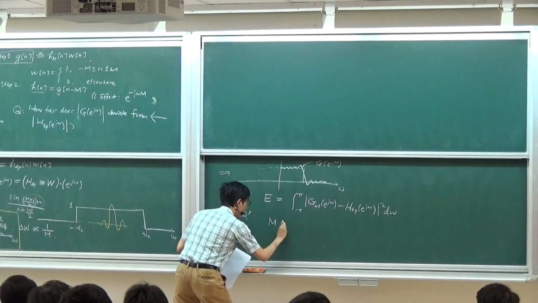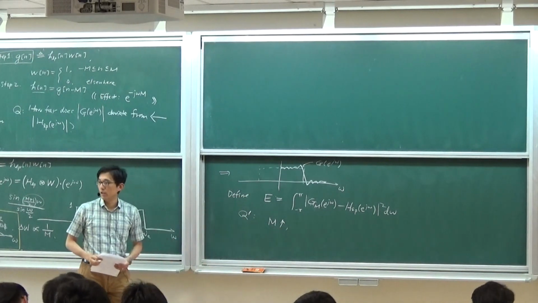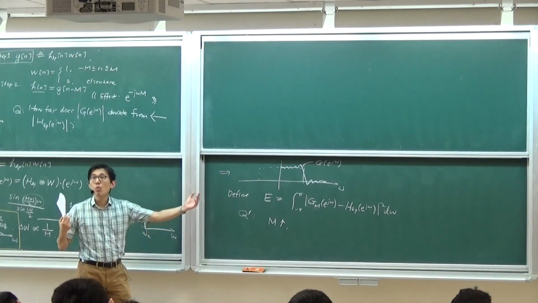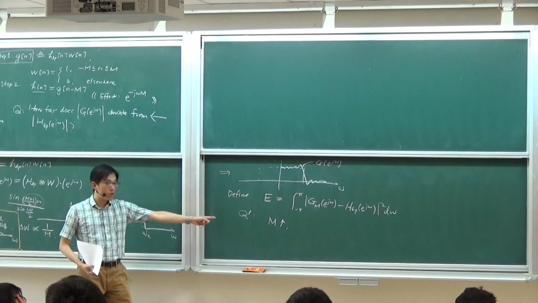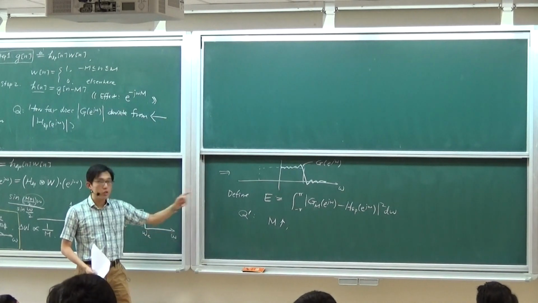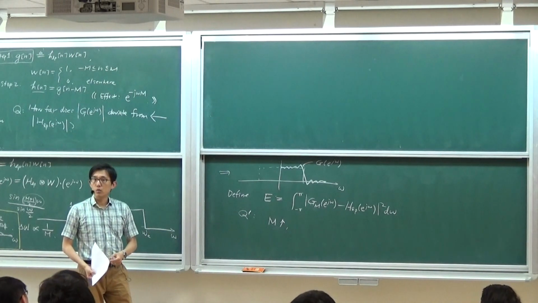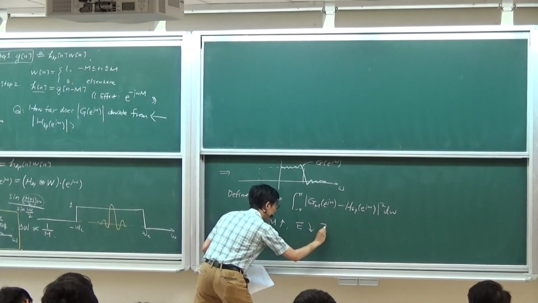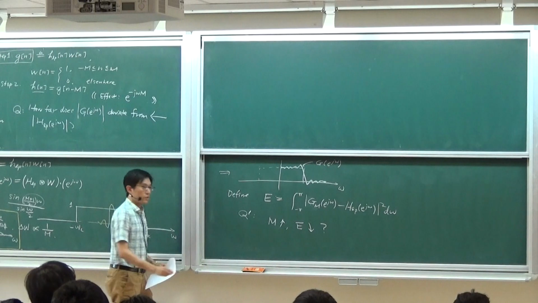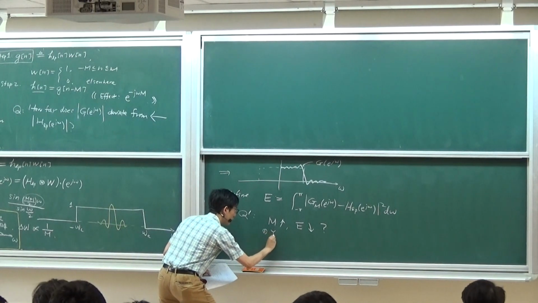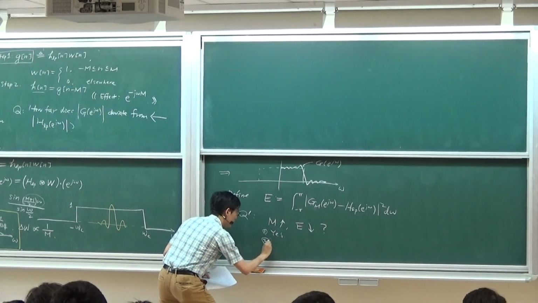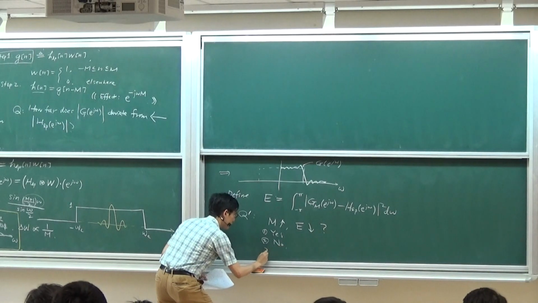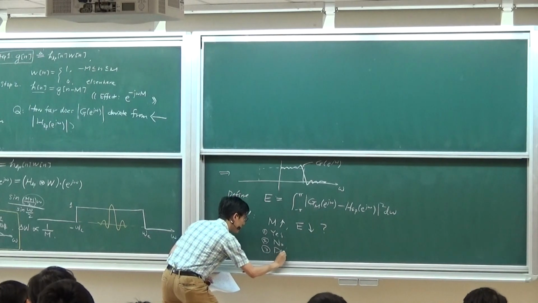If we increase m, something we can always try, keeping more of the middle part, do we reduce the total error E? Yes, no, or depends.